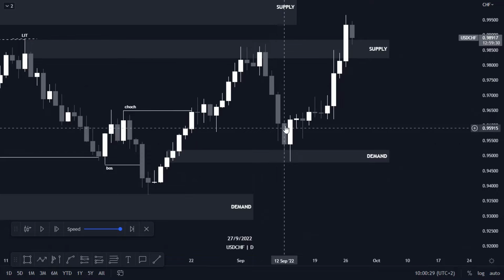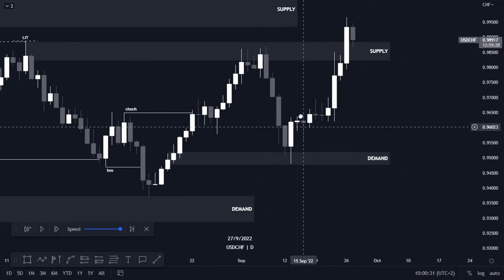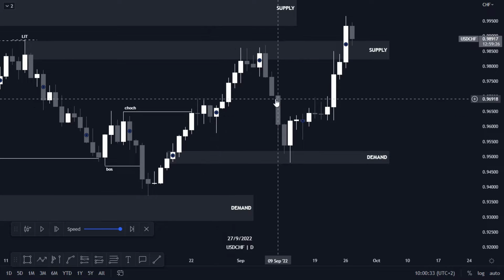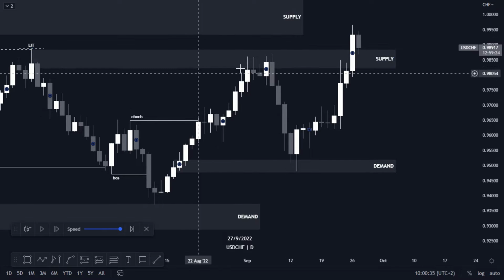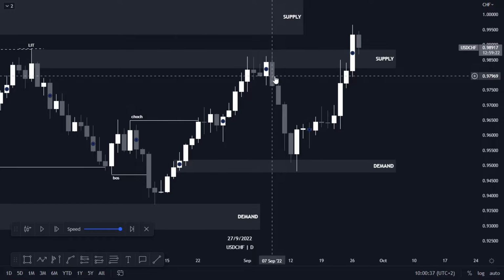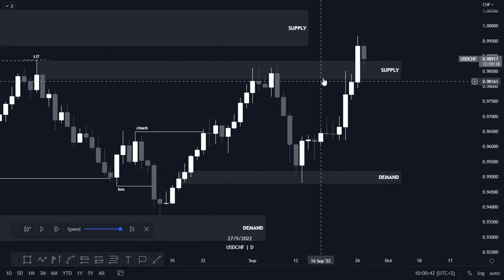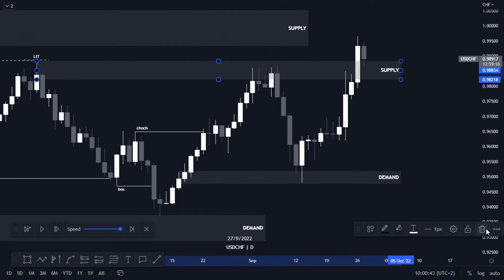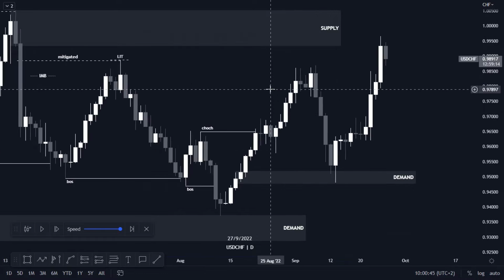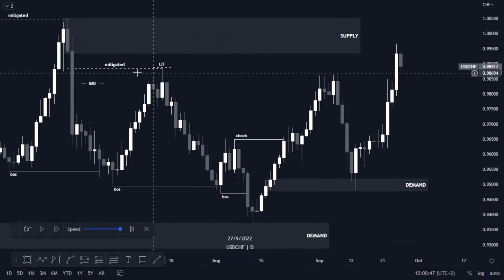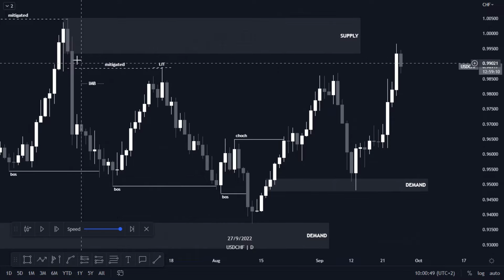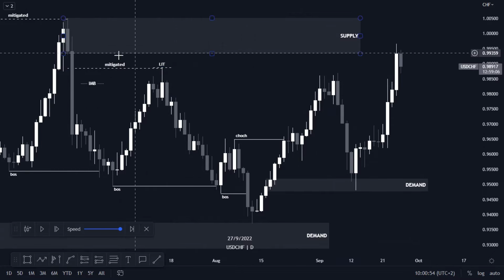It held, but then it didn't hold until we break this low here. So it was valid, but then it was not valid, as it breaks our low. So now this supply area was invalidated. And why was it invalidated?